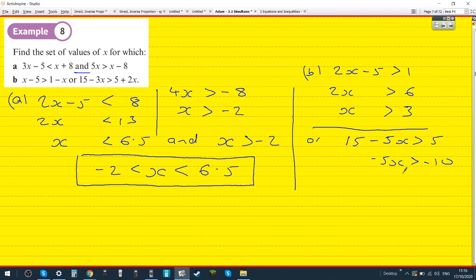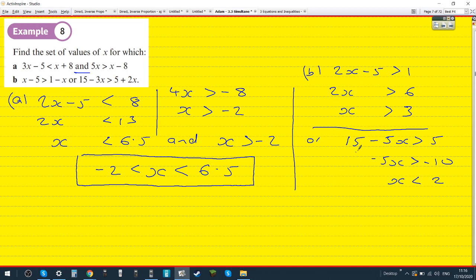Does it get flipped? Yeah, it becomes less than, because you divided by a negative. And then minus 10 divided by minus 5 is 2. Well done.